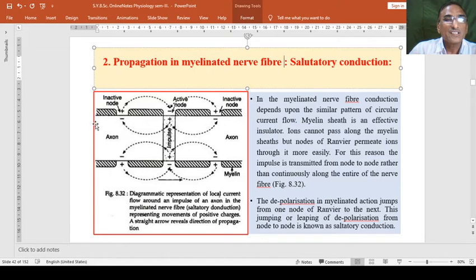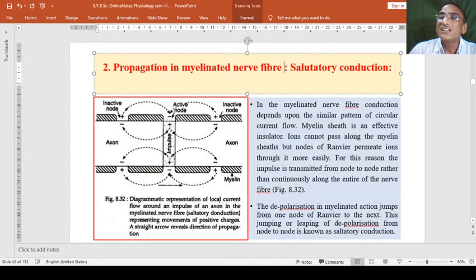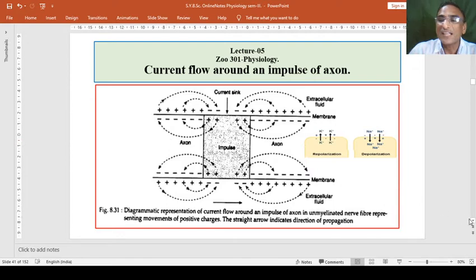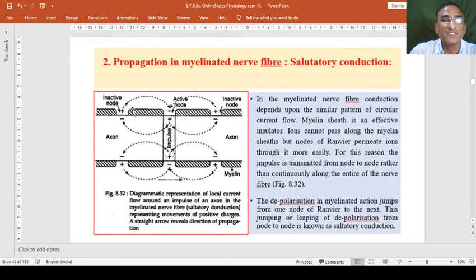So in the last figure you saw a single straight axon, and here is the myelin sheath. This is the continuous myelin sheath, and these are the nodes or gaps, and throughout this the impulse is passing. Whenever the impulse is passing, the ion gated channels at the node site activate and deactivate, and repolarization and depolarization are facilitated through these nodes only.